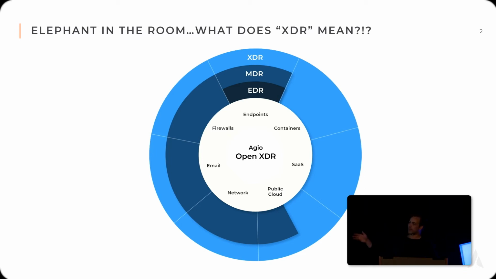We're looking at this and we're saying, where are the assets that exist in people's networks today? Now we've got containers, we've got SaaS, we have public cloud, private cloud, and then all the traditional stuff too. So we don't want to tell you garbage in, garbage out, like it's your fault that your SIEM isn't picking anything up.